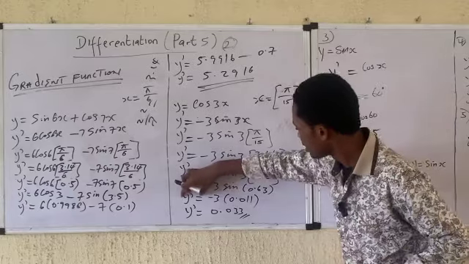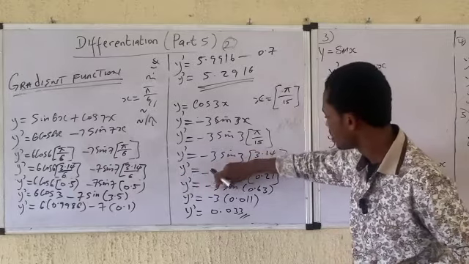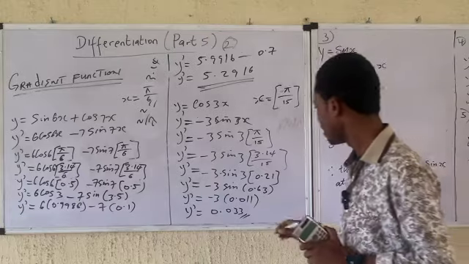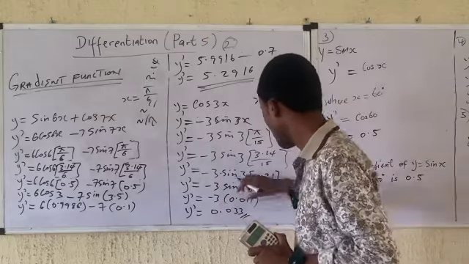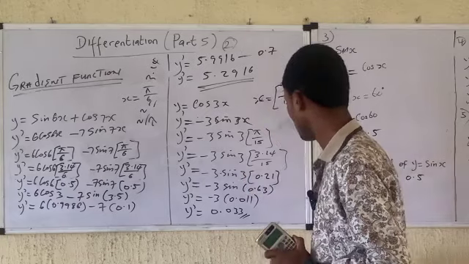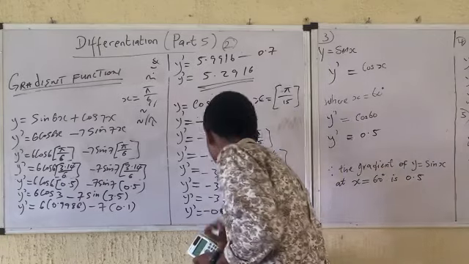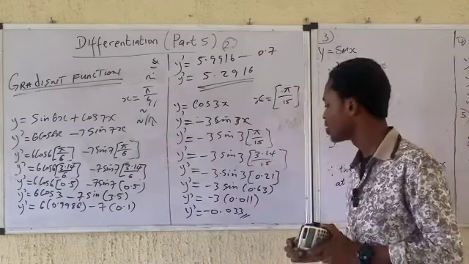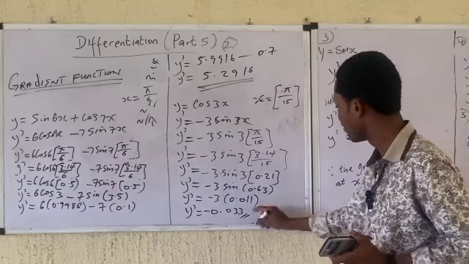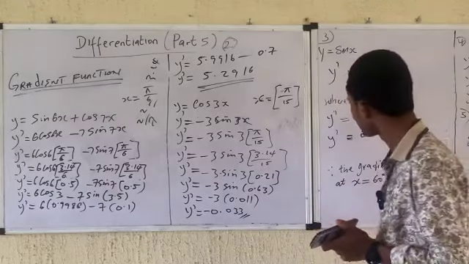Now, y prime equals minus 3 times 0.011, which will give us minus 0.033 as our final answer.